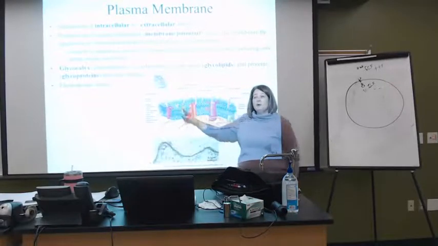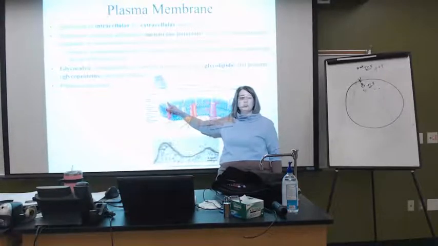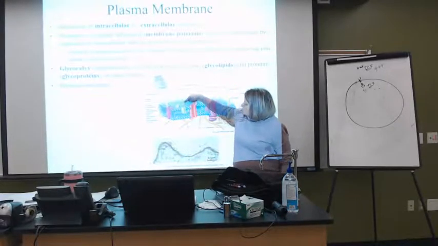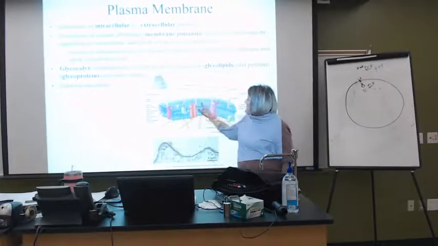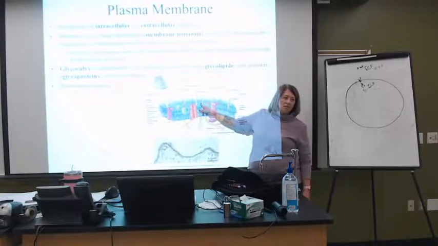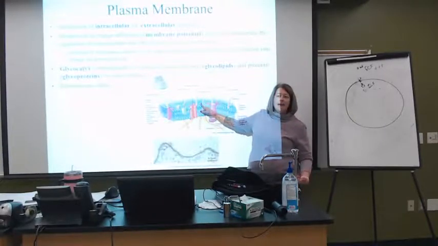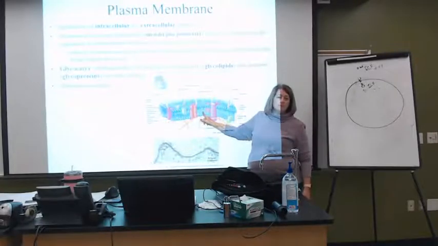So some of my proteins can be attached to this glucose chain. But then right here, I'm seeing this chain existing, and it doesn't look like it's attached to a protein. It's attached to the phosphate of one of these phospholipids.